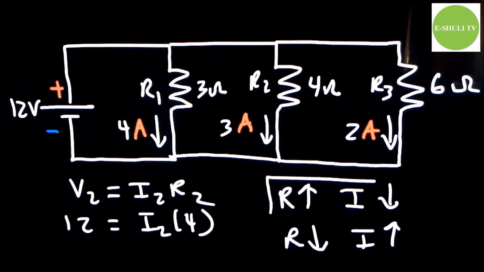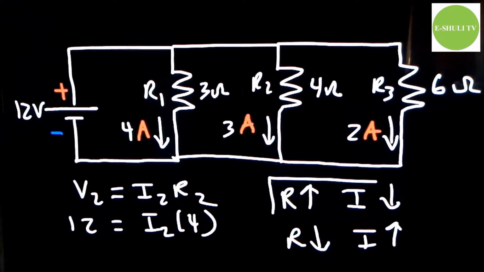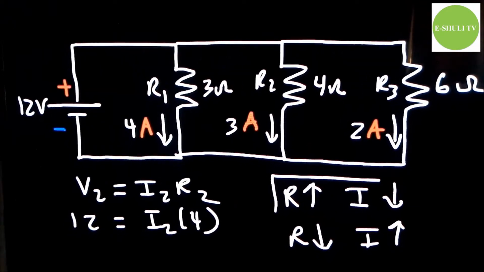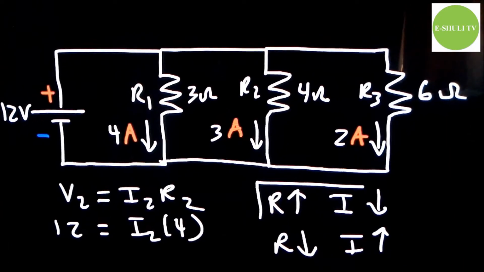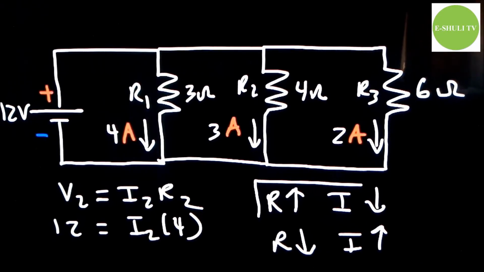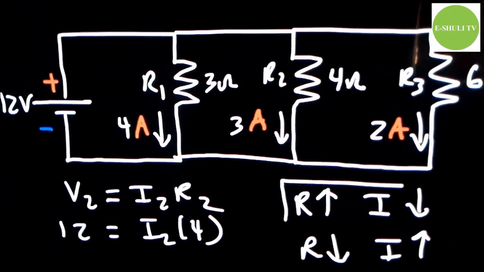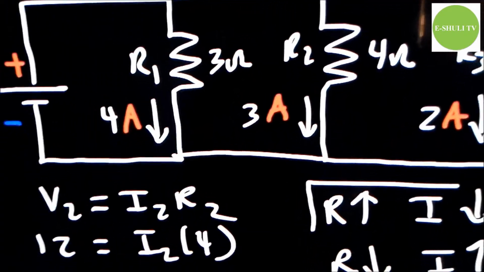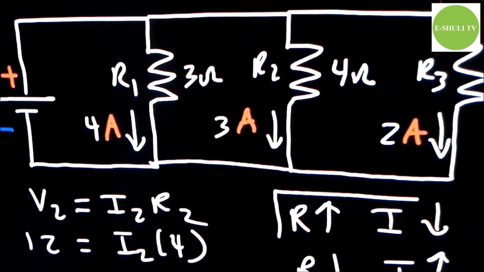Now for the third, here you see where the resistor is increased, the current is decreased. For example, for the first resistor we had 3 ohms, then the current was 4. The second resistor was 4, then the current becomes 3.